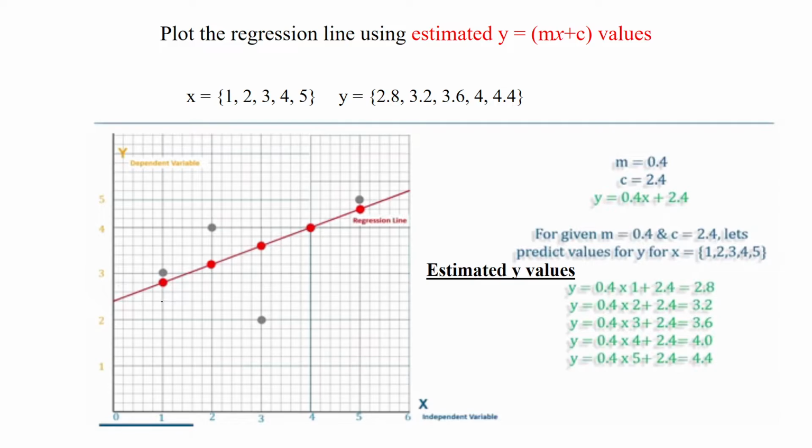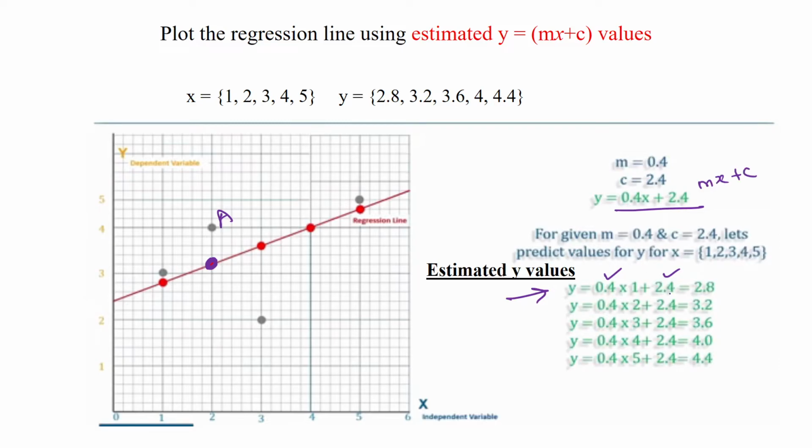You look at that here, these are the actual data points, and for these data points this is the predicted value. The predicted value we have calculated by substituting the m value and the c value, the y intercept. The equation is y equal to mx plus c.